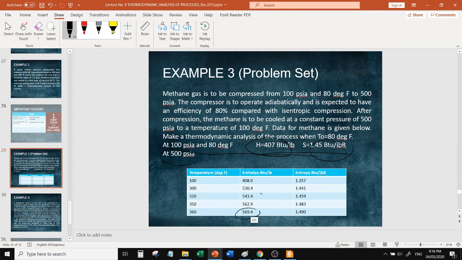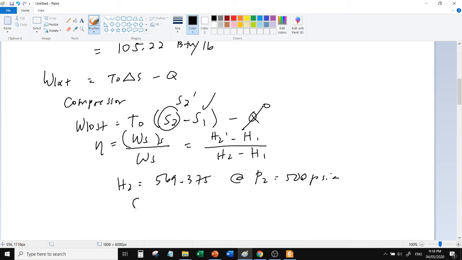So, this is it. It's near there. Around here, in the middle, but close to 1.49. So, in fact, your actual S2 is 1.49 BTU per pound Rankine. So, now we can calculate the work loss of the compressor. Just substitute the values, T naught and S2 minus S1, and you will get 21.6.